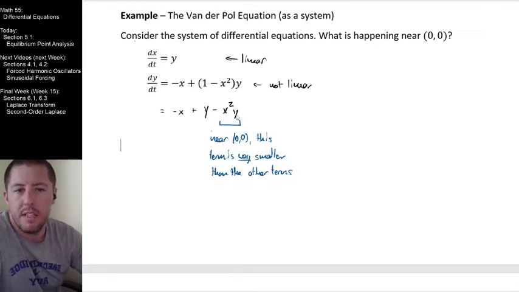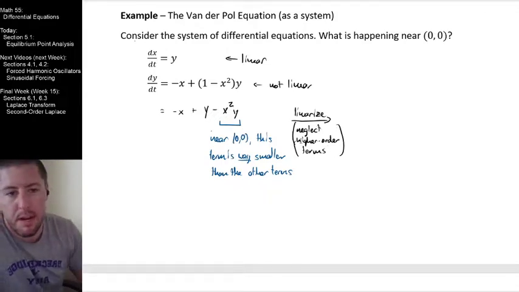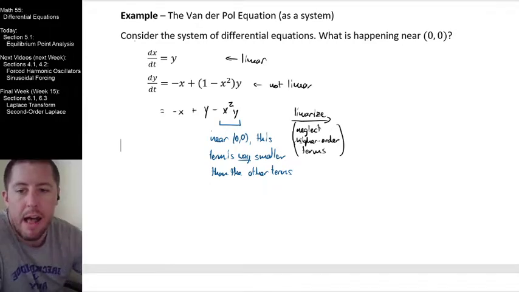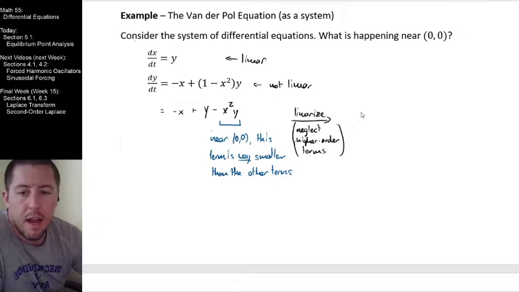So kind of the point here is to say, if I wanted to make an estimate of what this system is sort of like, then we could say that we could linearize the system by neglecting higher order terms. And that's to say, listen, some of these terms near the equilibria of interest are going to have such smaller values than the other terms that it might be reasonable for us to estimate that it's okay to just ignore them because they're going to be so close to zero.